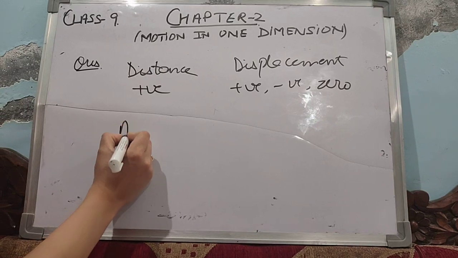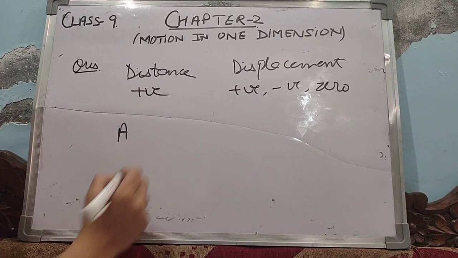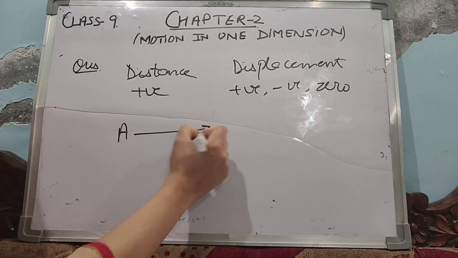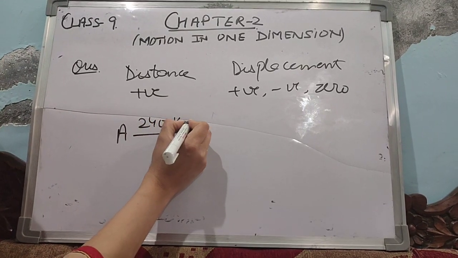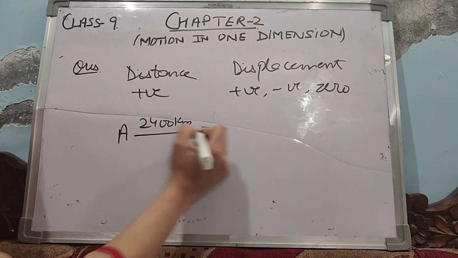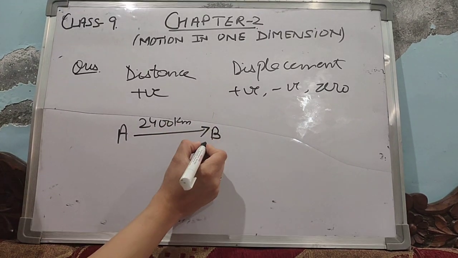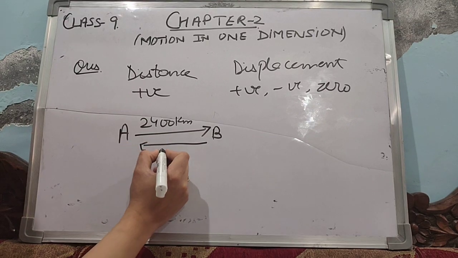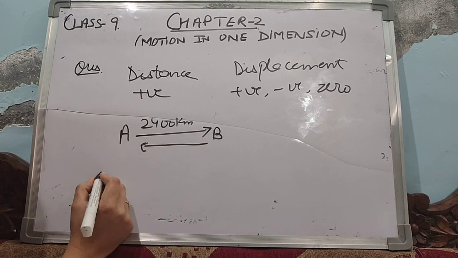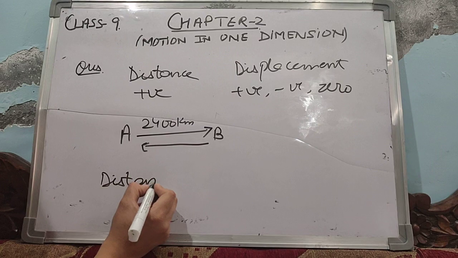Suppose a body starts from point A and travels a distance of, let it be 2400 kilometer to point B, and again it comes back to point A, right? Then what is distance and displacement in this case?